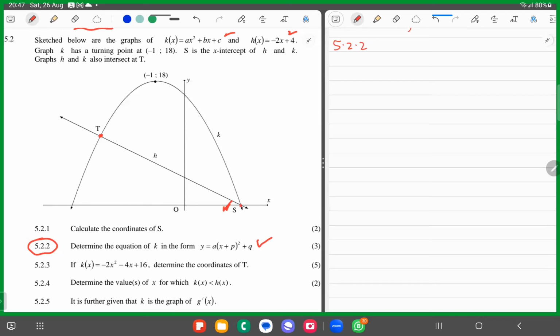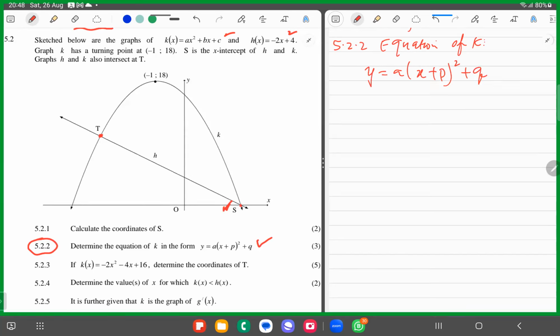Right, so now to do that, we are actually looking for the equation of K, which means we have y equals a(x plus p) squared plus q.